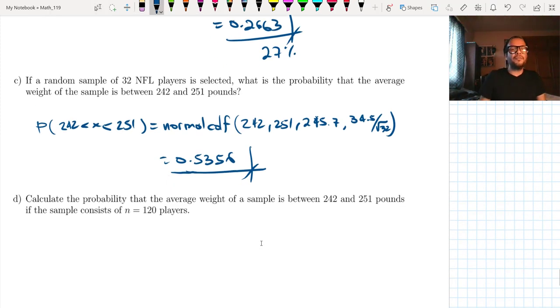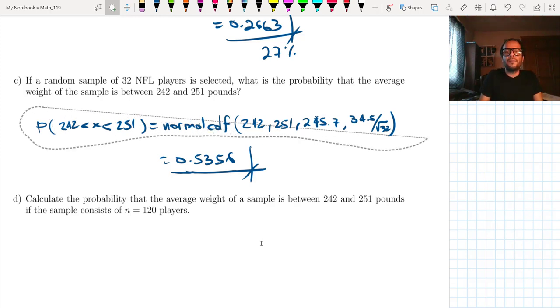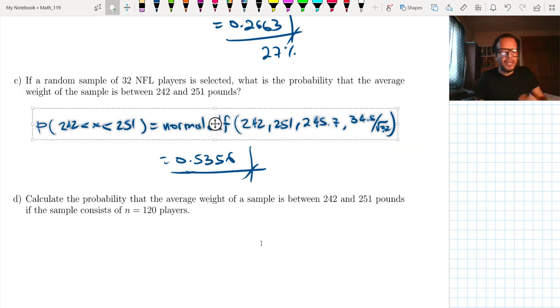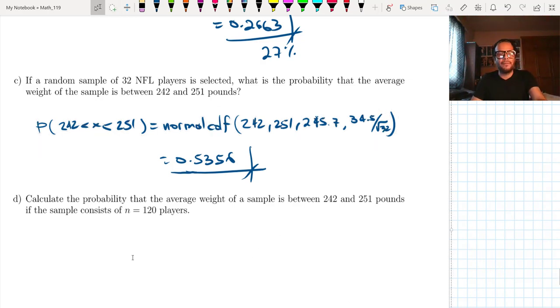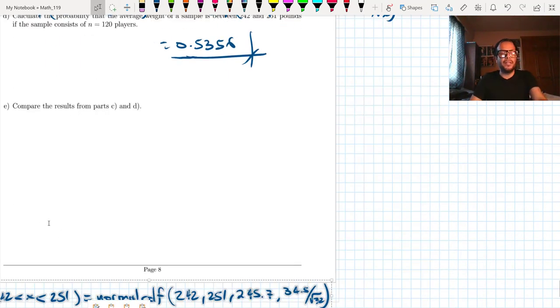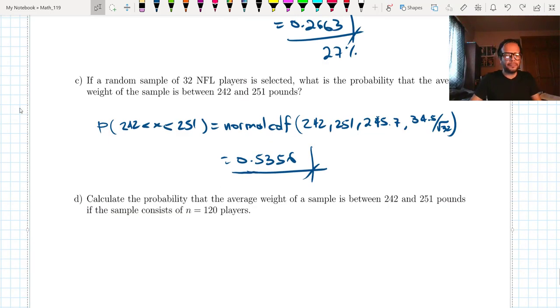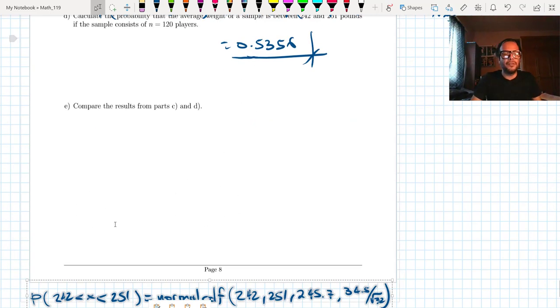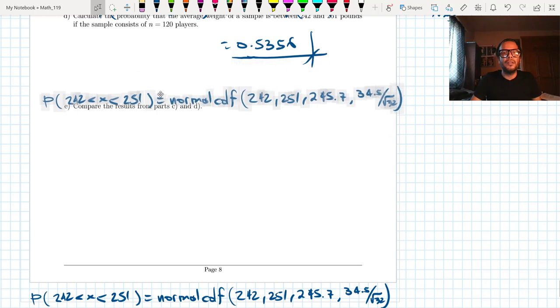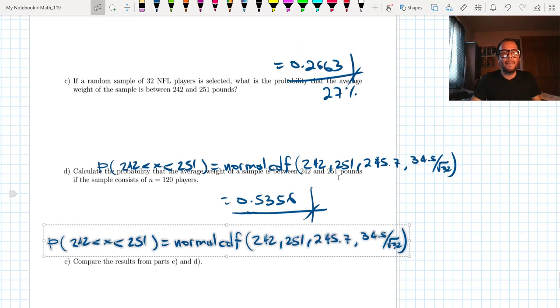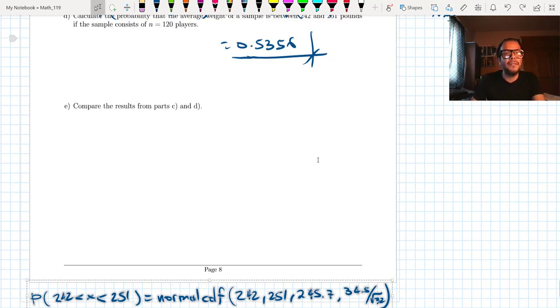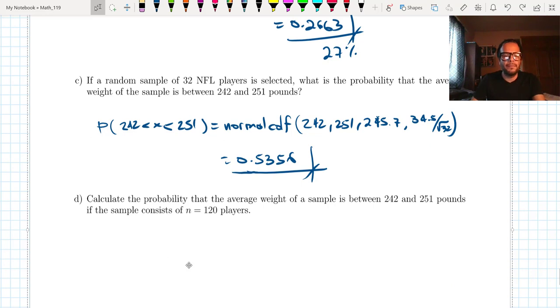Okay, so now let's make a little change. So for letter D, we are going to have the exact same parameters, the exact same lower and upper. But in this case, we are not going to take a sample of 32 players.